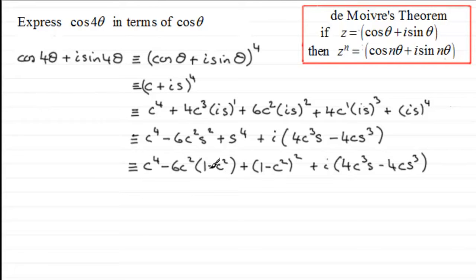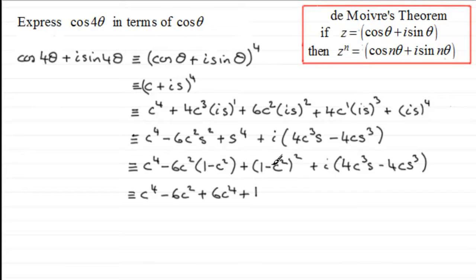Okay, let's just expand these brackets now. So we've got c to the power 4. If we expand this bracket, we've got minus 6c squared and then plus 6c to the power 4. Now for this bracket, 1 minus c squared all squared, that's going to be 1 squared, which is 1.